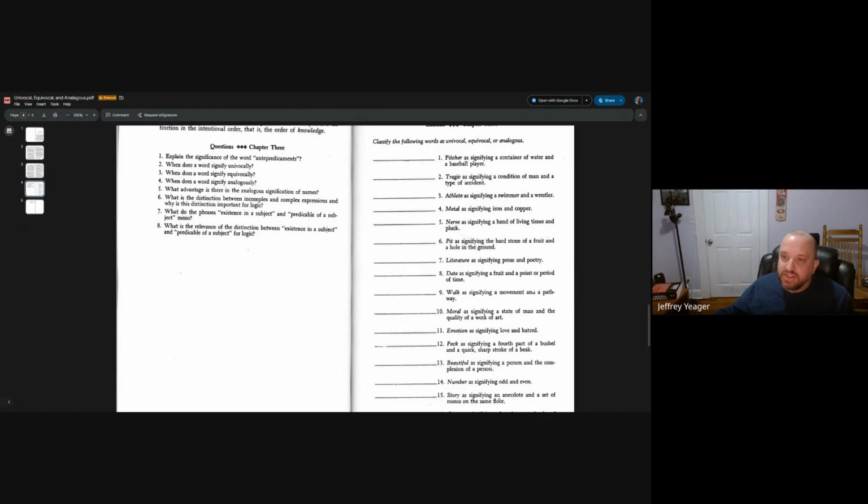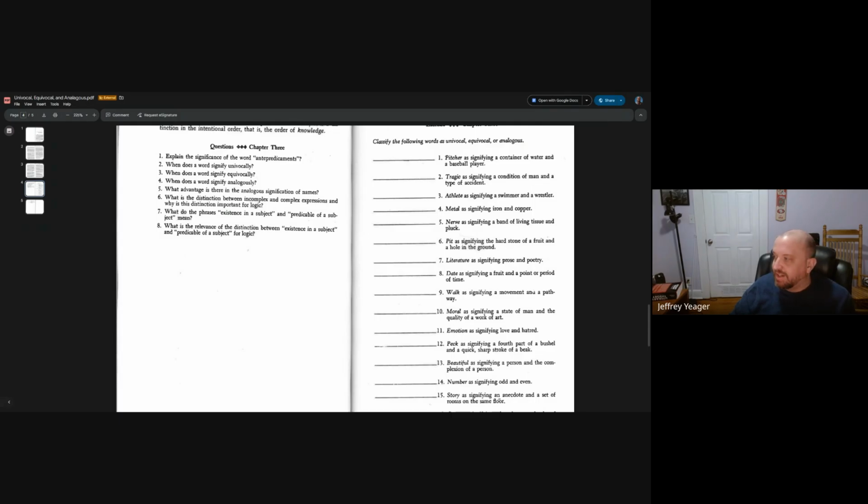Just to kind of scroll through to go through some more analogous ones. Walk is signifying a movement in a pathway. The walk, you're literally walking one place to another. A pathway, maybe the sidewalk on the campus. Well, one's the literal motion, and the other one is a place where you're doing the motion. So that one would be analogous.